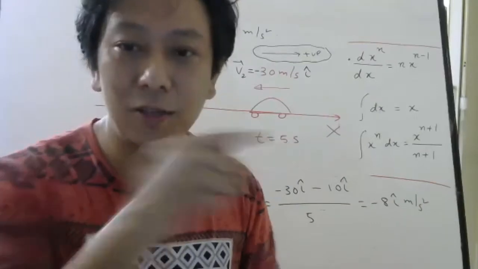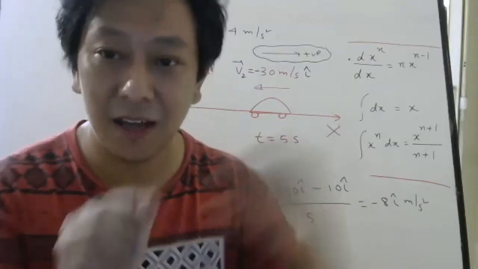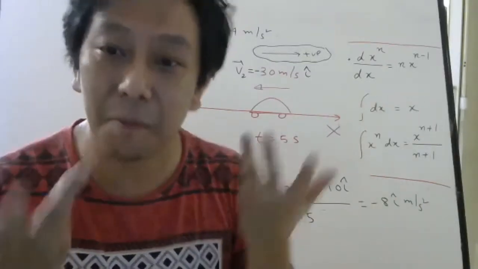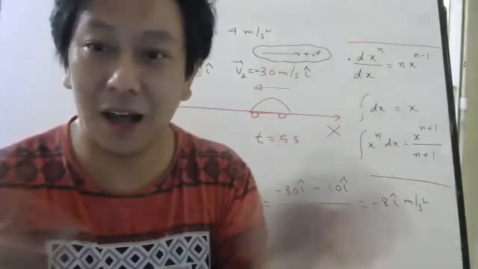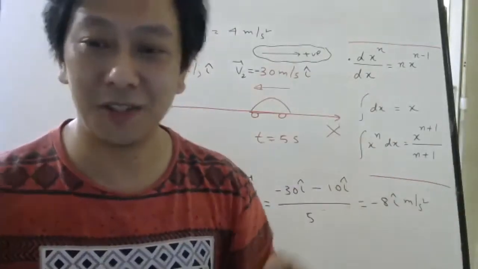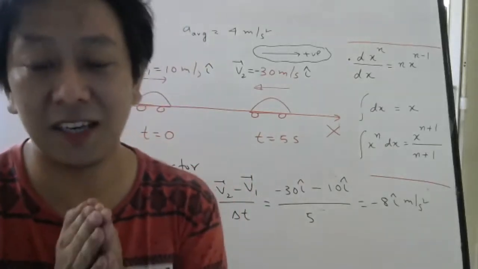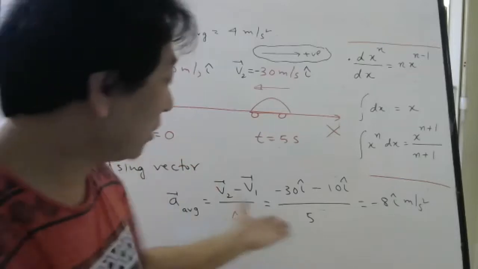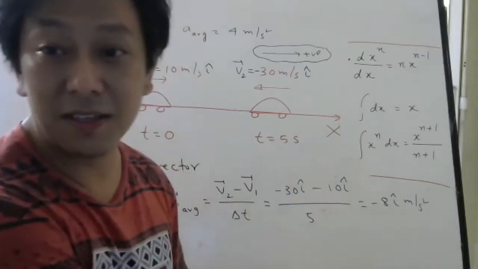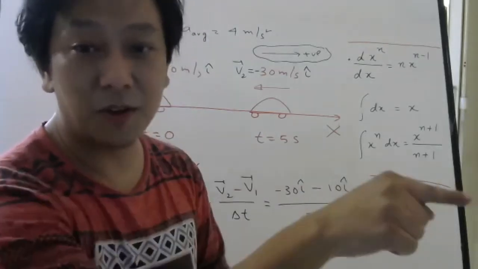So one direction you can represent by plus sign, the other direction by minus sign. Any other direction will not be there because it is motion in a straight line. So as far as motion in a straight line is concerned, there is really no need to use vectors. You can get the same answer by taking this side positive, this side negative.